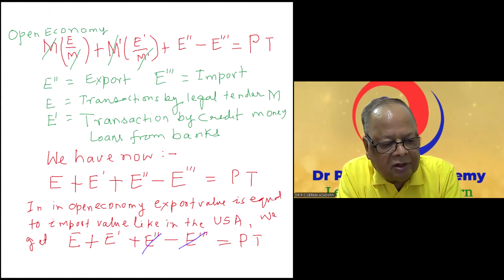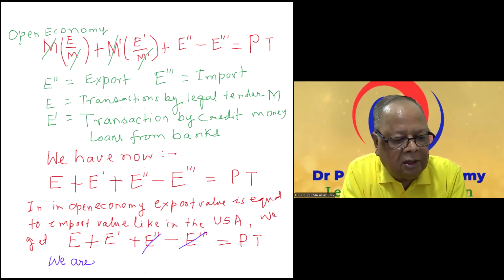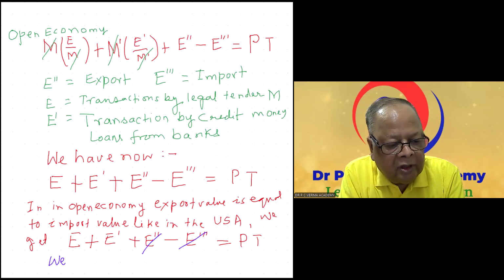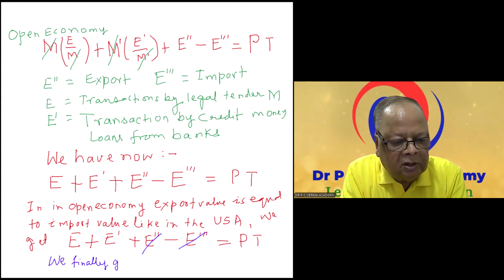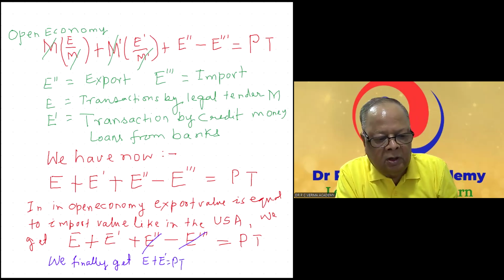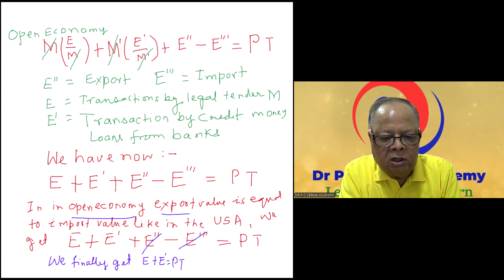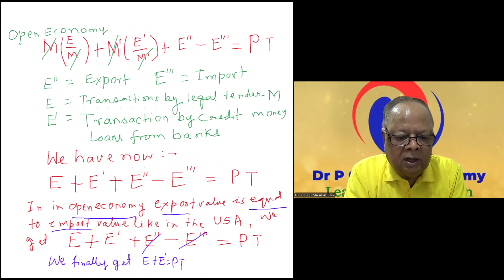So finally we get E plus E dash is equal to PT, in an open economy where export is equal to import.